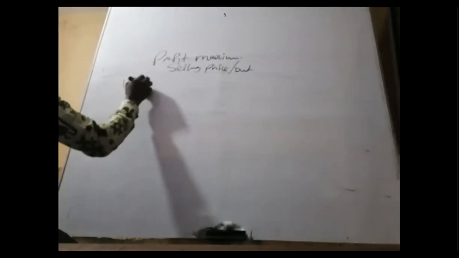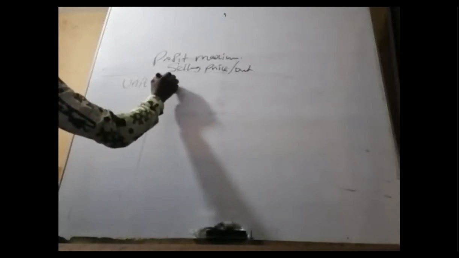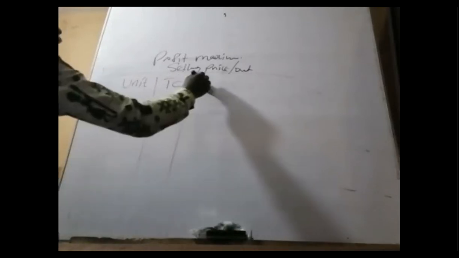So we are looking for the profit maximizing selling price or output. Third, the examiner has given you units here, the total cost has been given, and they've given you the selling price.